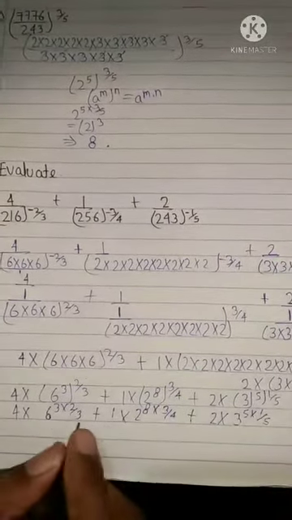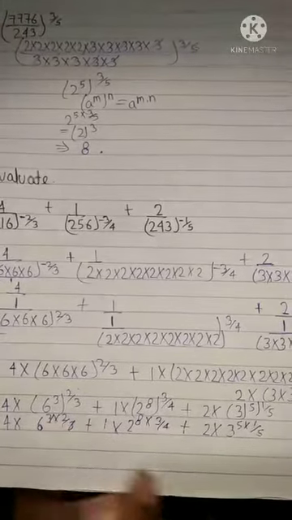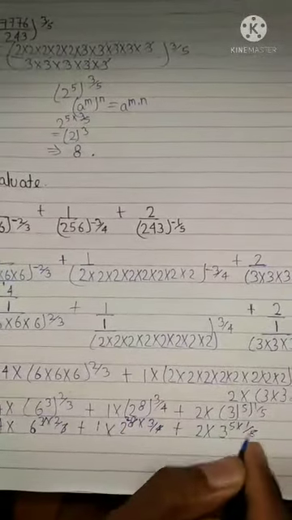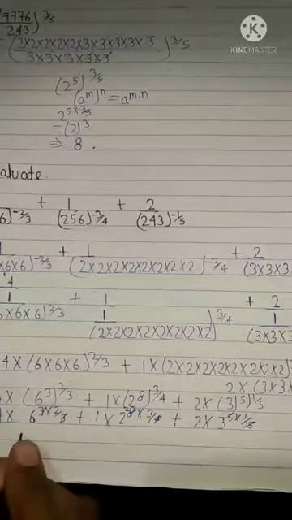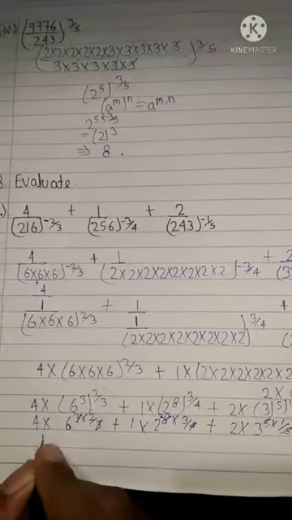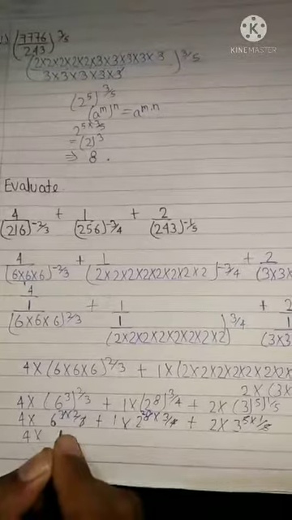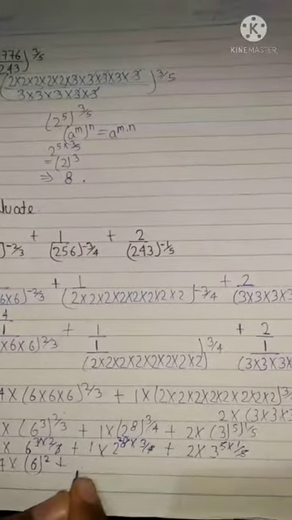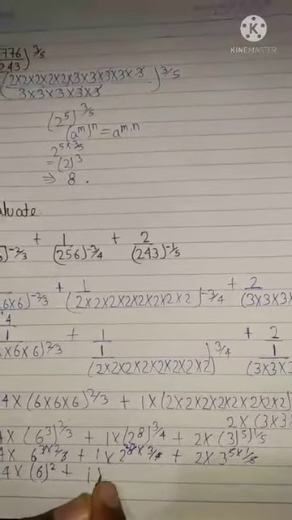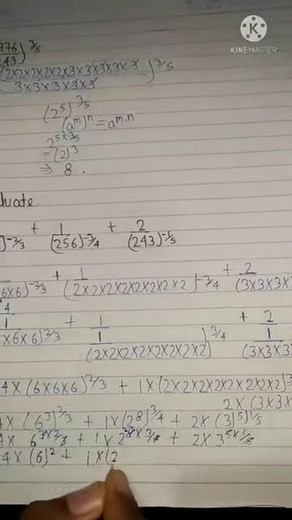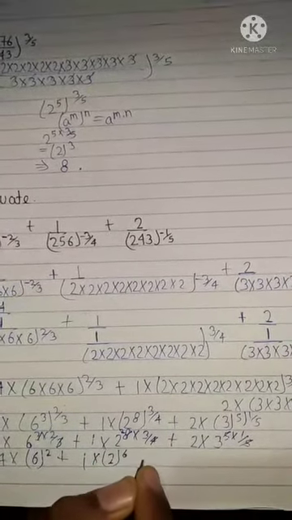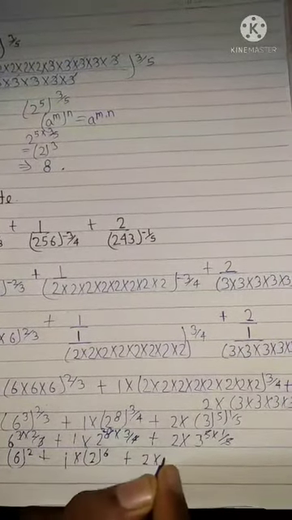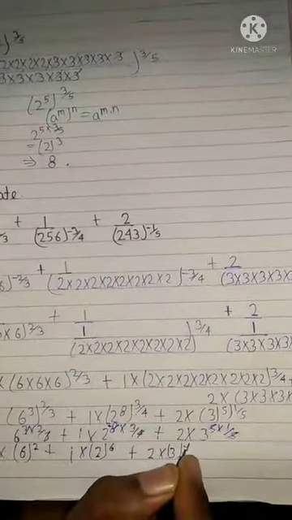So simplify this: 3 cuts, and this 4 and 8 cut. So it becomes 4 into 6 to the power 2, plus 1 into 2 to the power 6, plus 2 into 3 to the power 1.